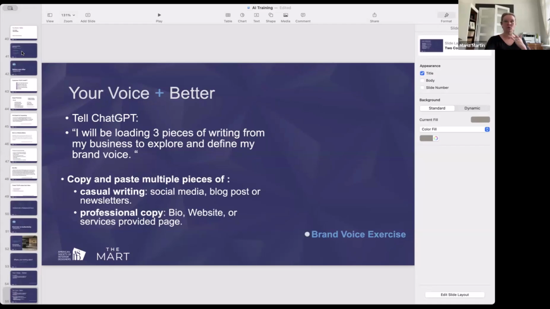And then you probably have a more casual writing style for people who have already begun working with you. Your social media style should be the casual style. However, marketing, brochures, the writing on your website, all of that should be your professional. So you could have two brand voices, but most of the time your summary will kind of cover both.